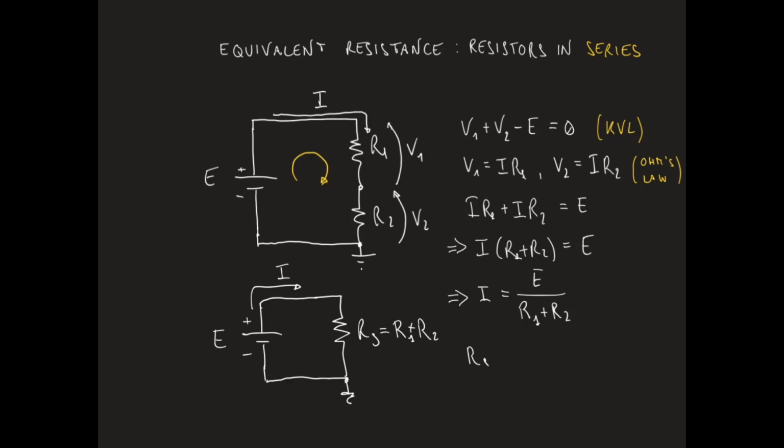Rs is called the equivalent resistance for the two resistors R1 and R2 in series. So in this case, the current I can be expressed as E divided by Rs.